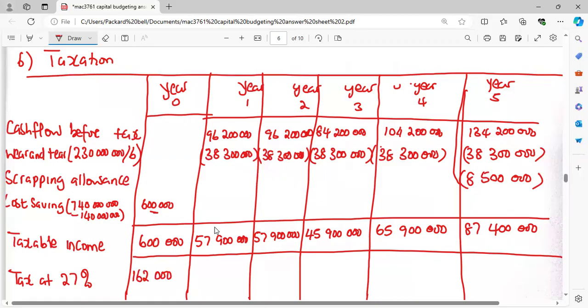And the next one is going to be how much? 15,633,000. Let's just call it 15,600,000. So it's still going to be the same here, right? Yes.